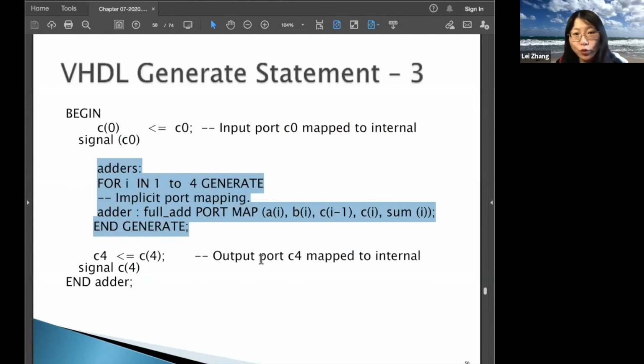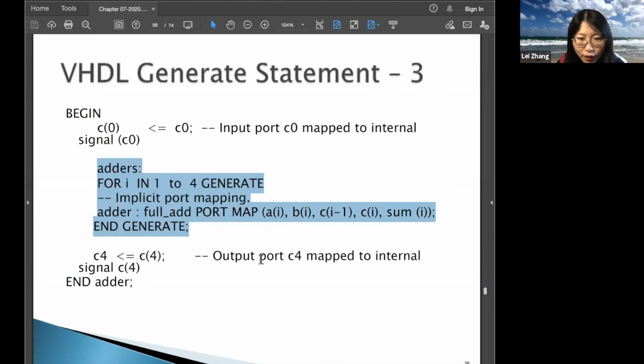It's not a sequential loop. It's just a simple way of writing VHDL code. VHDL will interpret this as you wanting it to make 4 copies of this code. So basically these are parallel code, and 4 parallel components.